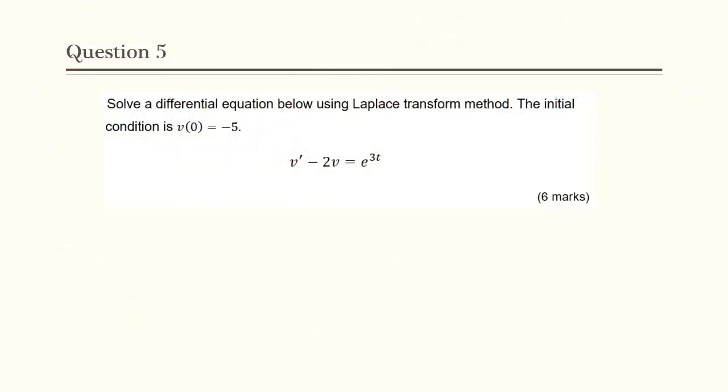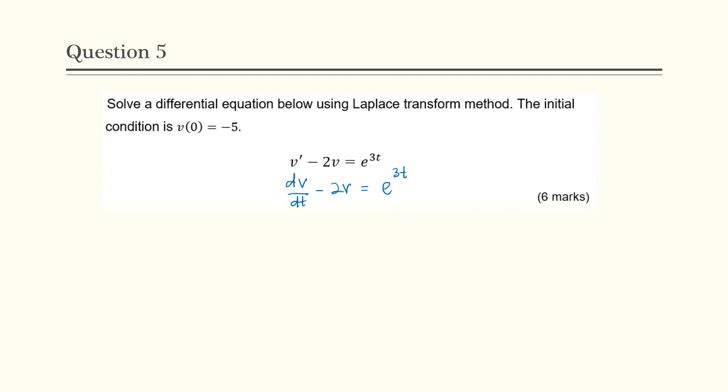Okay, let's look at the last example for today. Solve the differential equation as shown by using Laplace transform, given the initial condition v(0) equal to minus 5. We know that when you have this prime, it is basically equal to differentiation. So it is dv over dt minus 2v equal to e to the power of 3t.